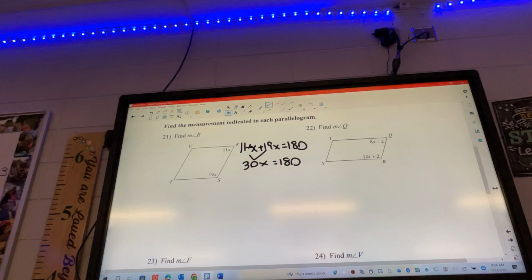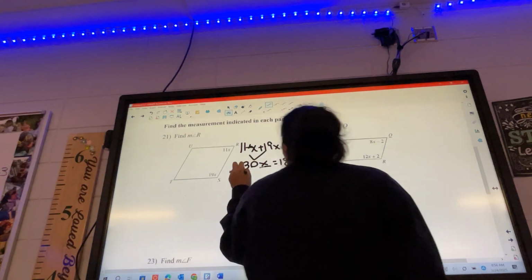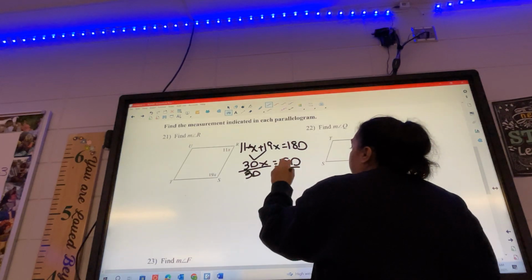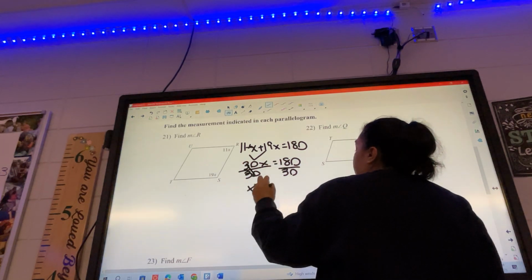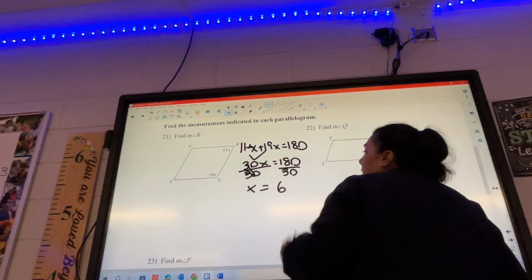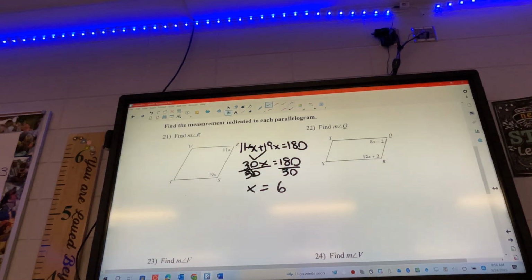Sometimes you don't have someone to move in between there, and that's okay. So we get x equals what? 6. Okay, do we stop or keep going? We keep going. What do they ask us to find? R.